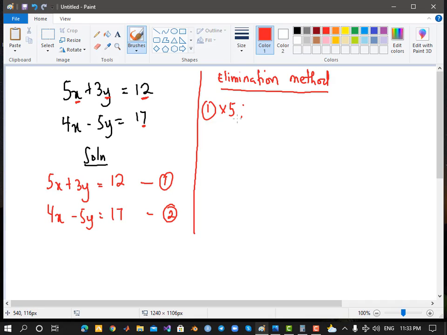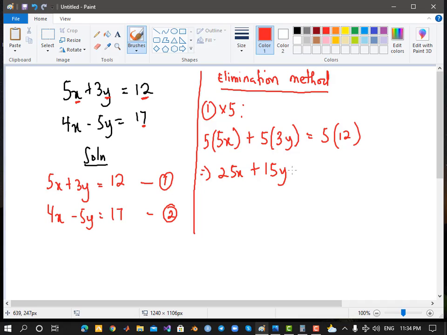Multiplying equation 1 by 5 means 5x multiplied by 5, 3y multiplied by 5, and 12 multiplied by 5. So we get 25x plus 15y equals 60. That gives us equation 3.